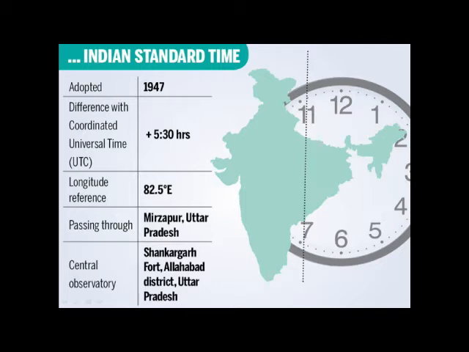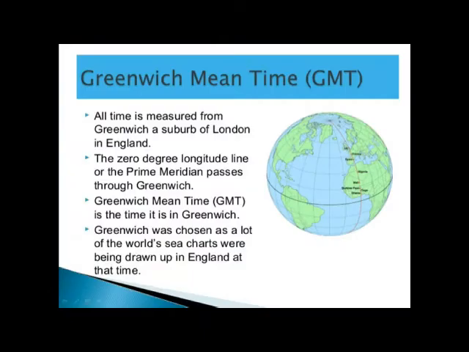The meridian that we consider as the Indian Standard Time is 82.5 degrees east, which passes through Mirzapur in Uttar Pradesh state, and there we have a central observatory, which is Shankargarh Fort, Allahabad district, Uttar Pradesh.